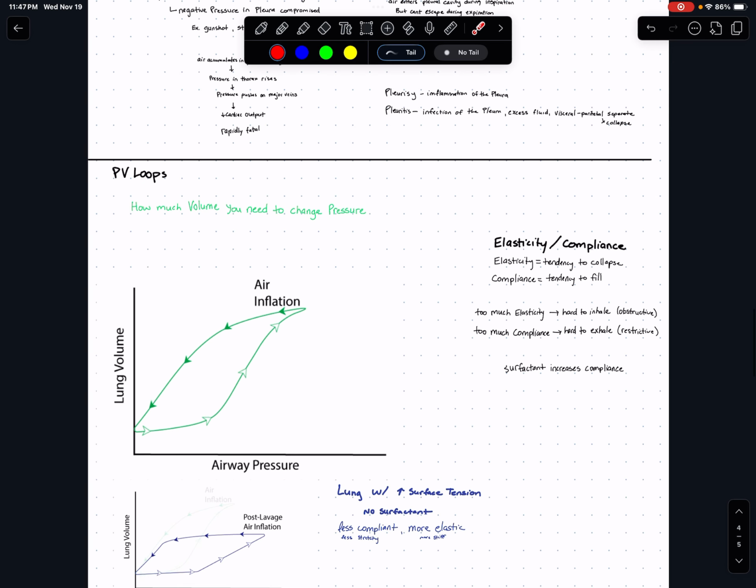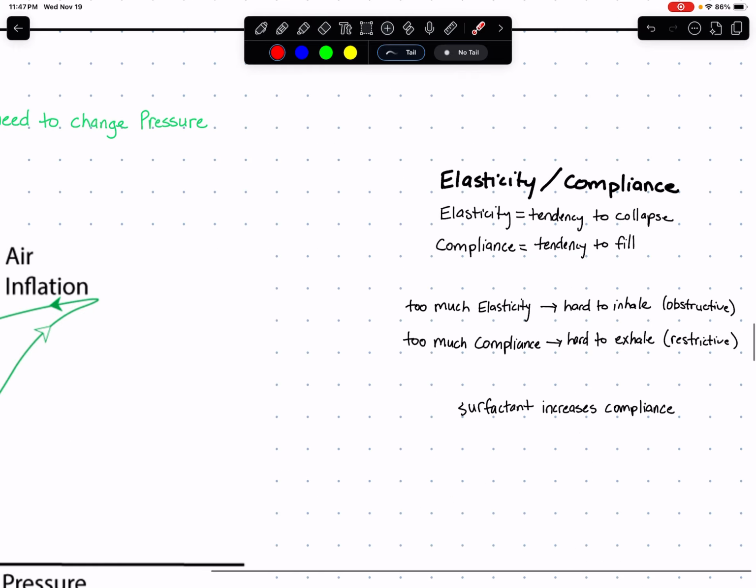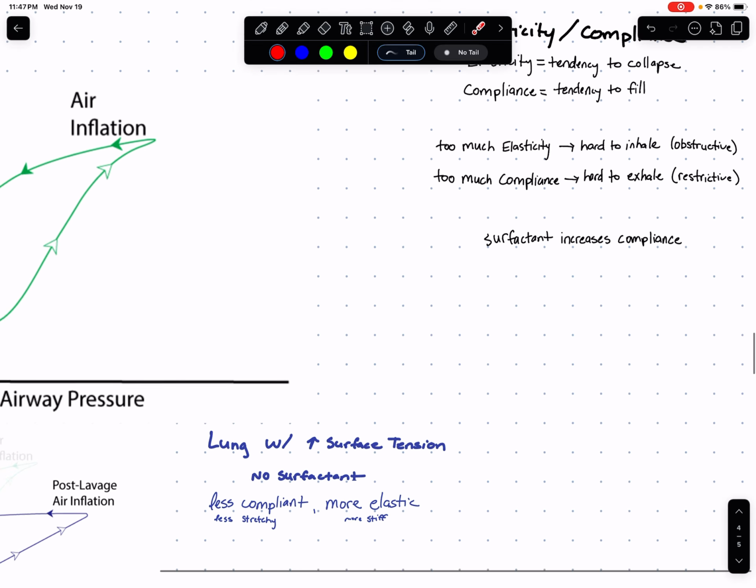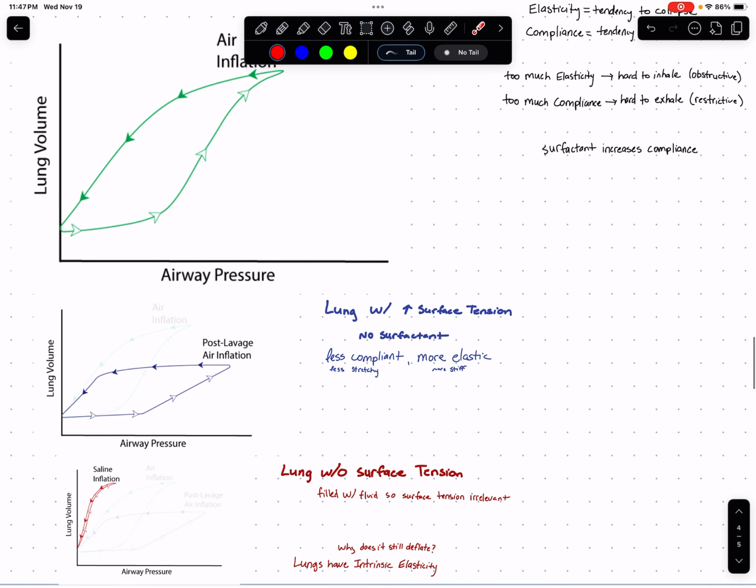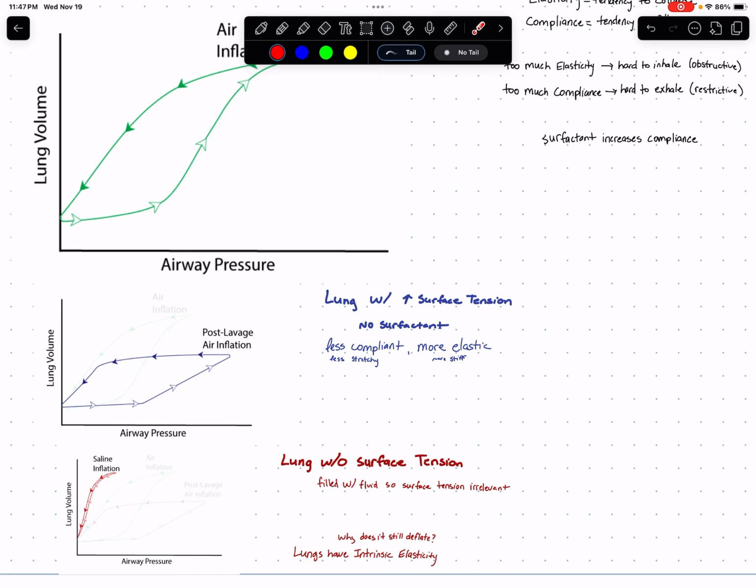So, we're going to look at PV loops real quick. They show how much volume you need to change pressure. We use these a lot of the time to calculate work, but still a reminder: elasticity is the tendency to collapse, compliance is the tendency to fill. Too much elasticity, hard to inhale; too much compliance, hard to exhale. Surfactant increases compliance.